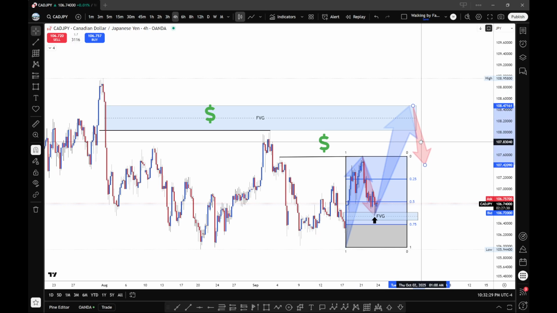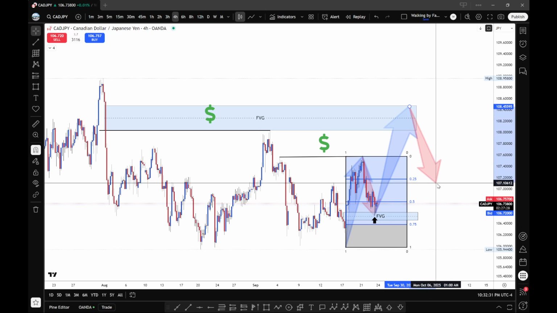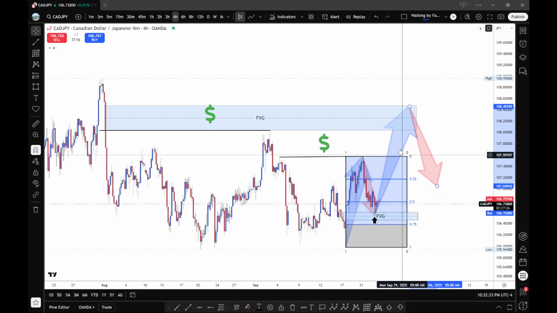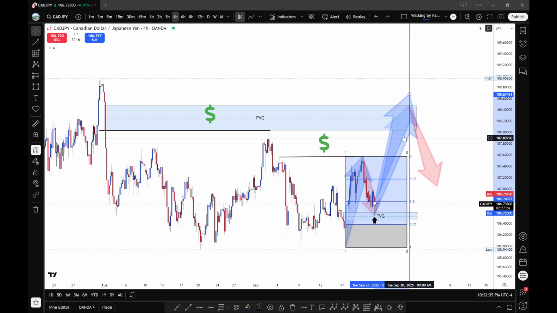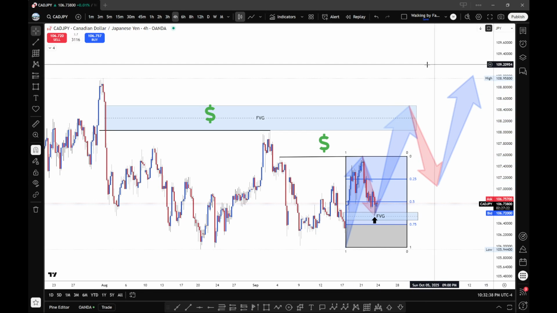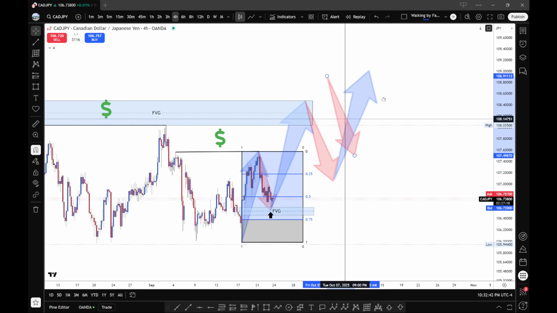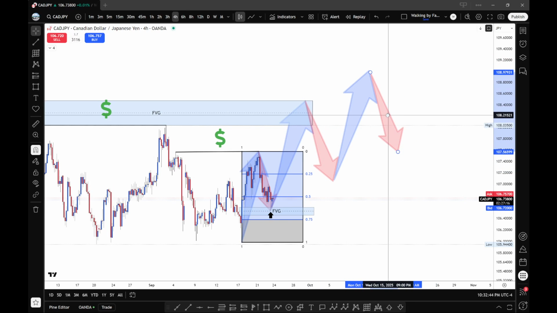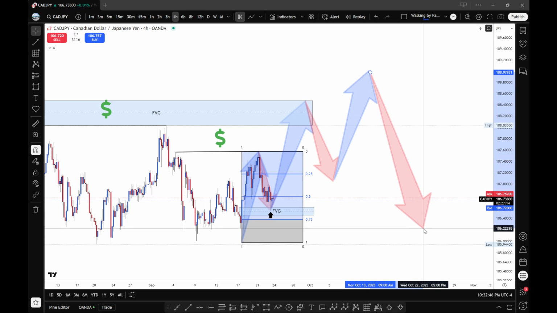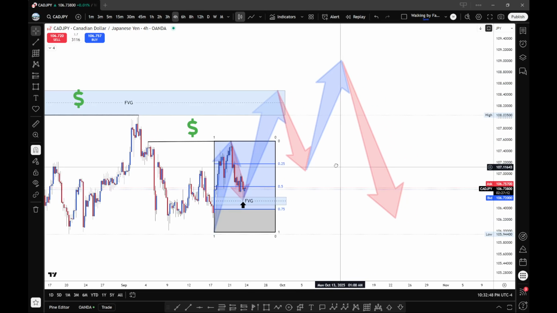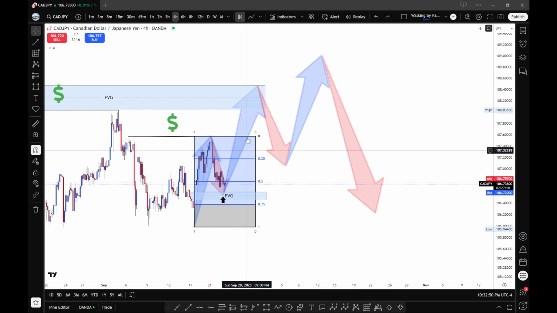After they cash external liquidity, they'll come back and cash internal liquidity and then do the same thing, right? Until they give you a clue that they're going to change direction. But guess what? They're still going to be collecting.